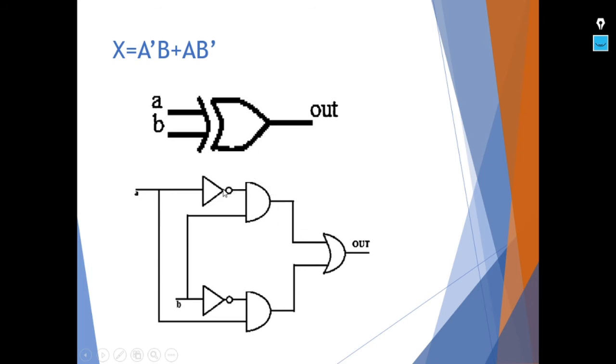Here we are using AND, OR and NOT gates, that is 3 basic gates. The output of this AND gate is A bar B and the output of this AND gate is AB bar. And when these outputs go through the OR gate, the output will be A bar B plus AB bar. That is the output of the XOR gate. So, this is the realization of the XOR gate.